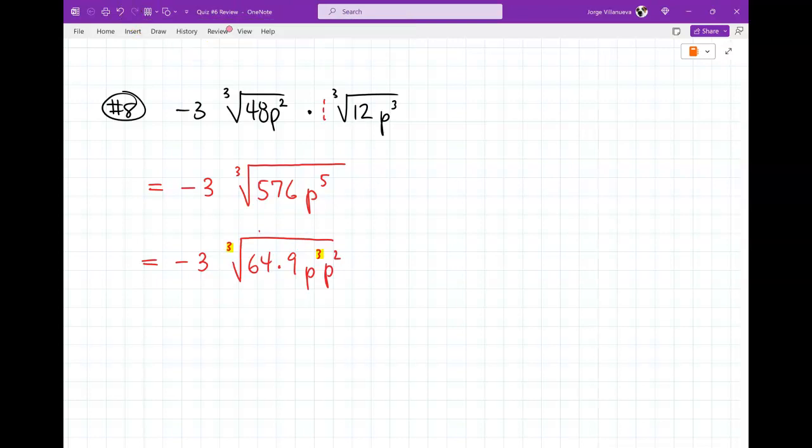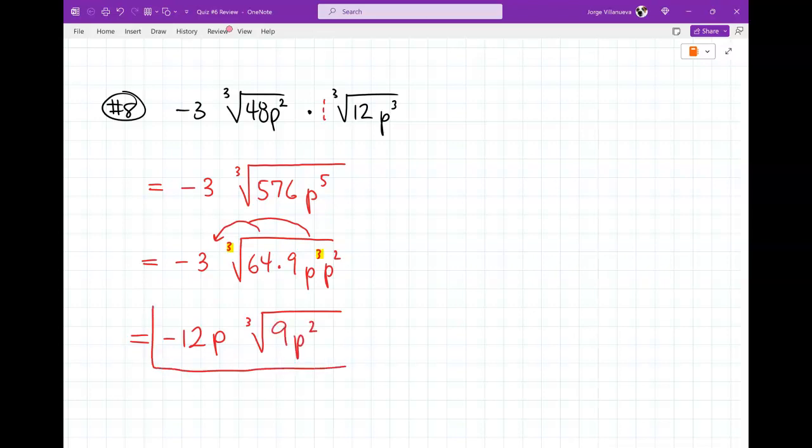And this 64 is coming out and becoming a what? 4. A 4. Cube root of 64 is 4. So negative 3 times 4, that's negative 12. This p is going to come out, so that's going to be p cube root of what's left on the inside? 9p squared. And 9 does not have a cube root, and neither does p squared.